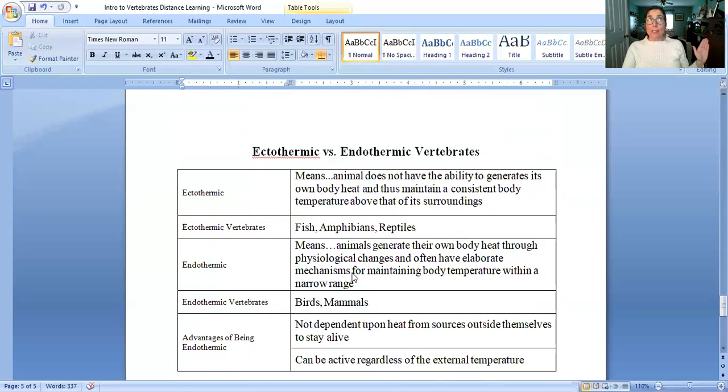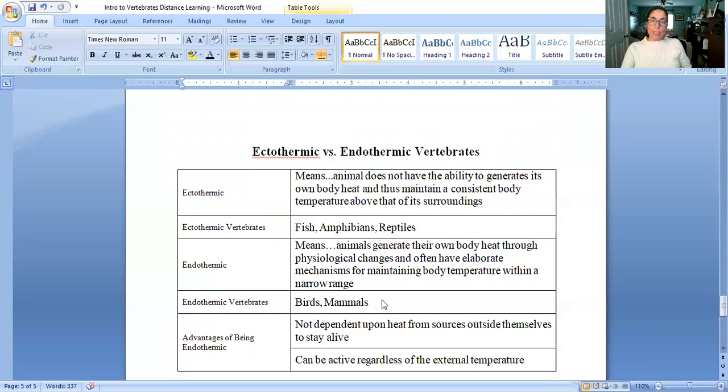It could be as low as freezing, or as high as 110 or 120 degrees, and our bodies would keep their 98.6 temperature. Whereas an ectothermic vertebrate's body temperature takes on the temperature of the surroundings. It doesn't have a way to change that. So if it wants to lower its body temperature or raise its body temperature, it has to move to a place that's warmer or a place that's cooler.